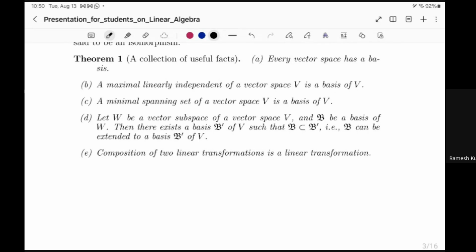The maximal linearly independent set of a vector space V is going to be a basis of V. So the linearly independent set has to be maximal in order to be a basis, and the spanning set has to be minimal in order for it to be a basis. That's why it's kind of converging at a certain point, when it is maximal linearly independent and minimal spanning, and that is when you get the basis. If both of these are satisfied, then of course you get a basis.